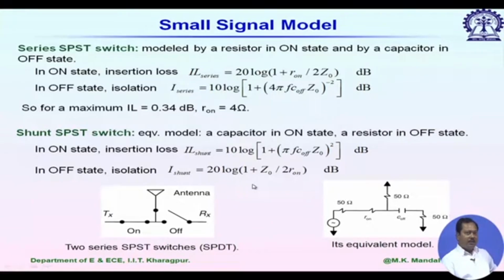It can be series or it can be shunt. So, already I discussed that for a few picofarad capacitance and considering a few ohm R on, mostly in shunt configuration these switches provide better isolation.